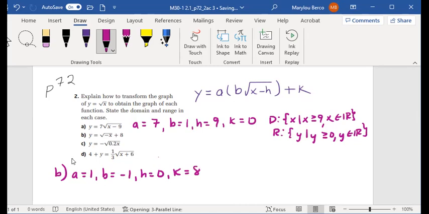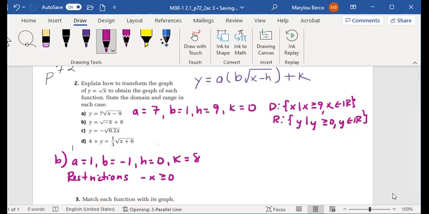So to get the restriction for our domain, this one I'm just mentioning because we have negative x is greater than or equal to 0. Okay, so essentially, we're dividing by negative 1. And when we divide by a negative, this inequality switches.